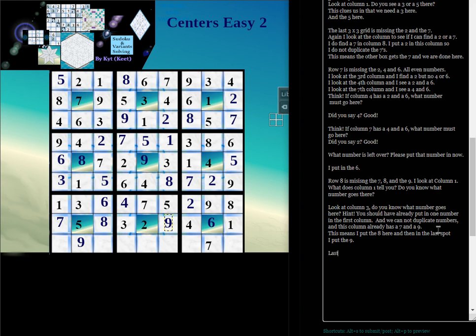Last row. Yay! We are doing this. Now every single column that is missing a number only has one number to put in.